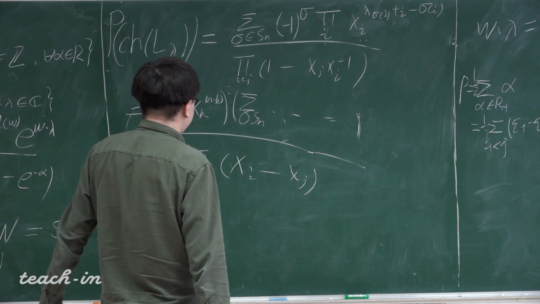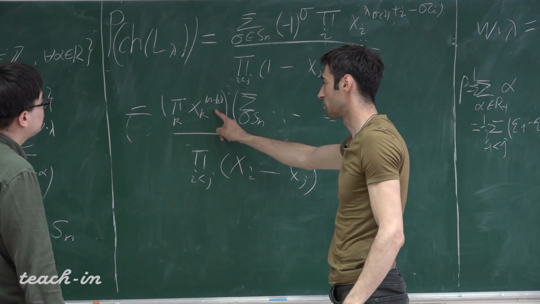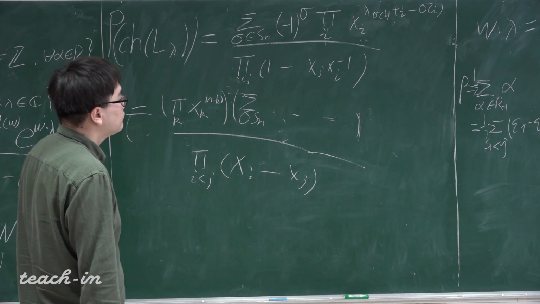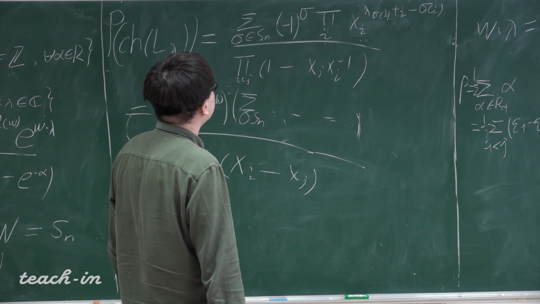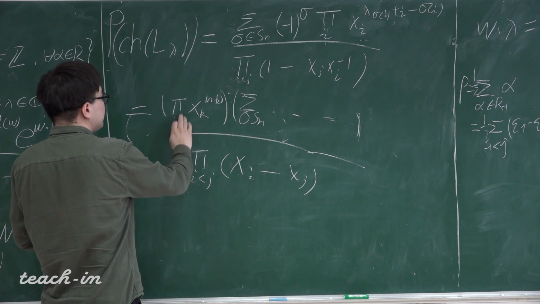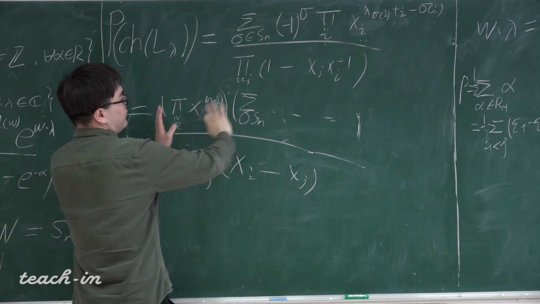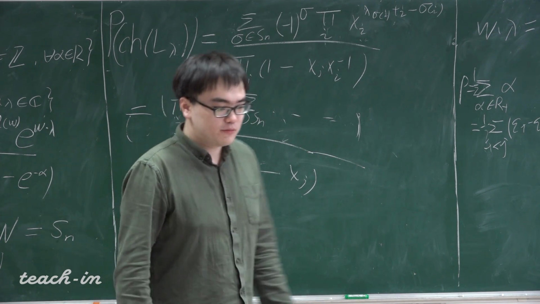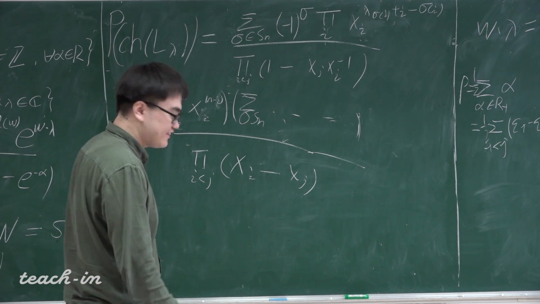And notice that this factor is exactly x to the power rho, and you already counted it here. It's n minus i. Just change this to i and move this thing to this side, and then we get exactly the answer.